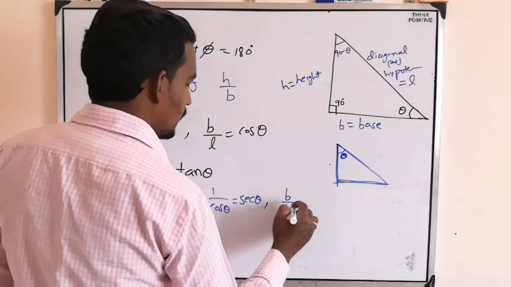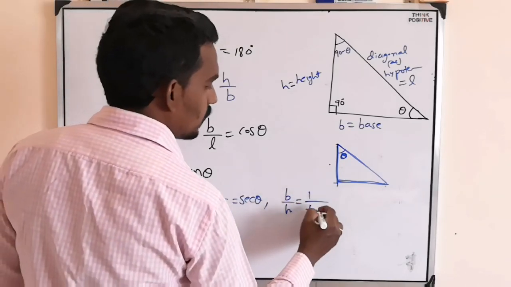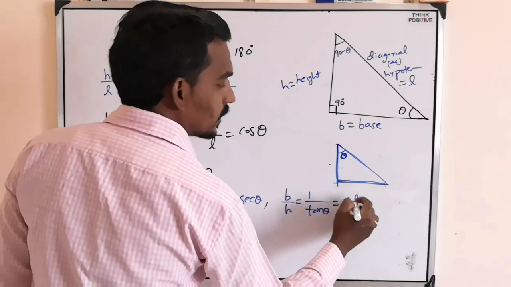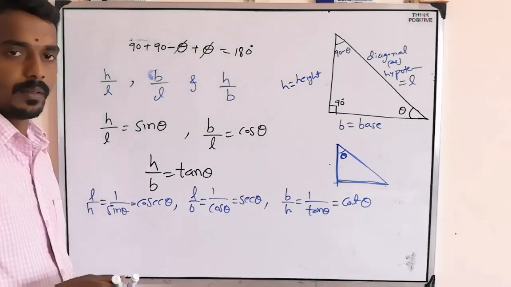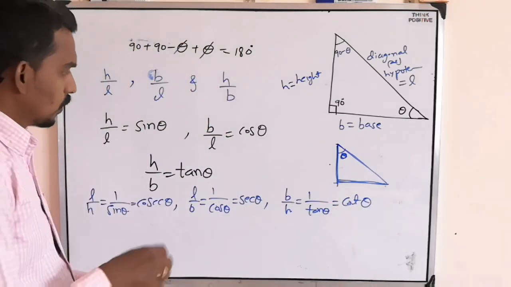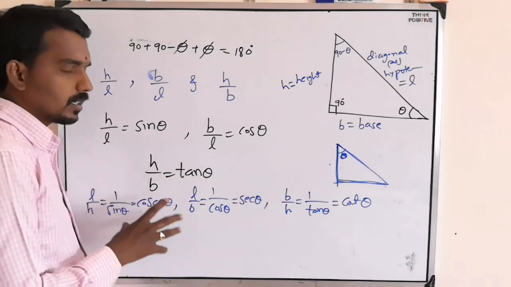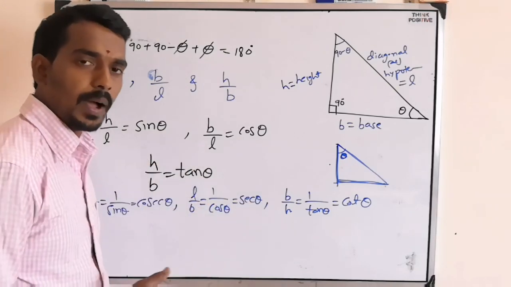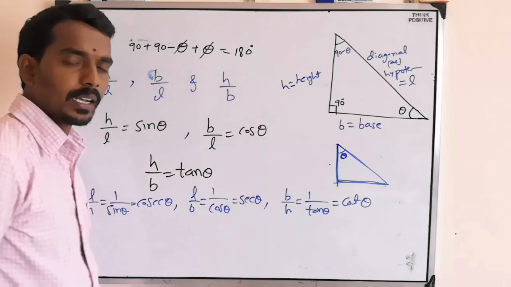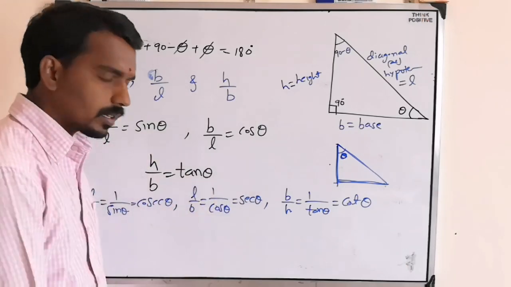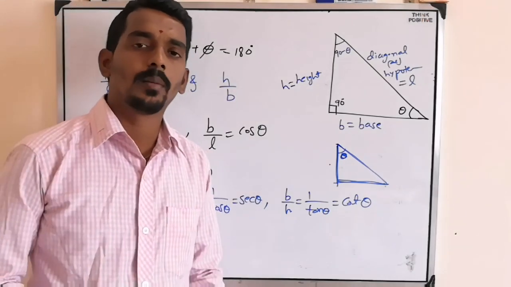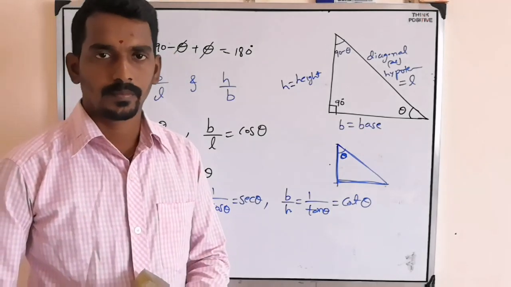Similarly, B by H equal to 1 by tan theta, that is nothing but cot theta. So in total there are 6 ratios you can define for a right angle triangle. Those 6 ratios we call trigonometric ratios.